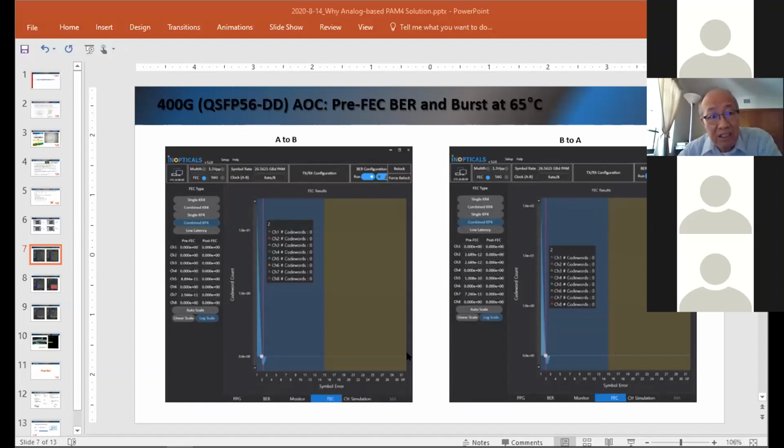Some might be minus 10. And going into the other module it is the same: e to the minus 12, e to the minus 10, e to the minus 11, some of them 0. They are just showing you the test results. And this is done on 400G at 65 degrees C.